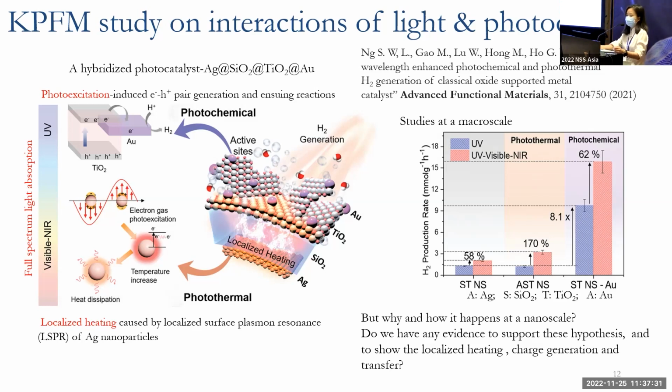This is the so-called localized surface plasmon resonance, or LSPR effect. Due to this LSPR effect, the silver nanoparticle can absorb the visible light and provide localized heating to accelerate the hydrogen generation. And the UV light can be absorbed by the titanium oxide to generate the electrons for hydrogen generation reactions.